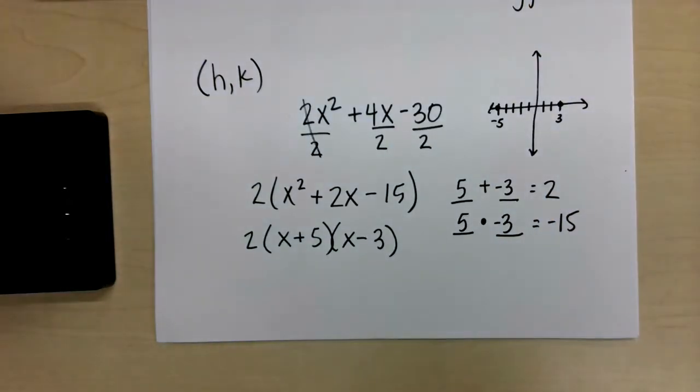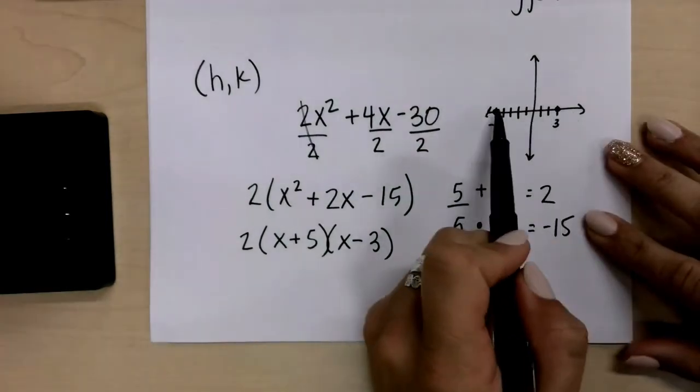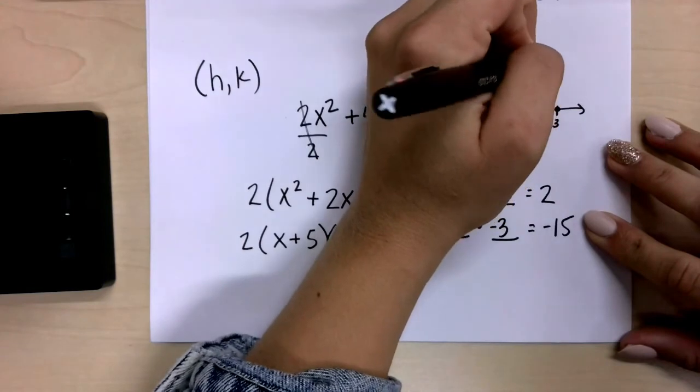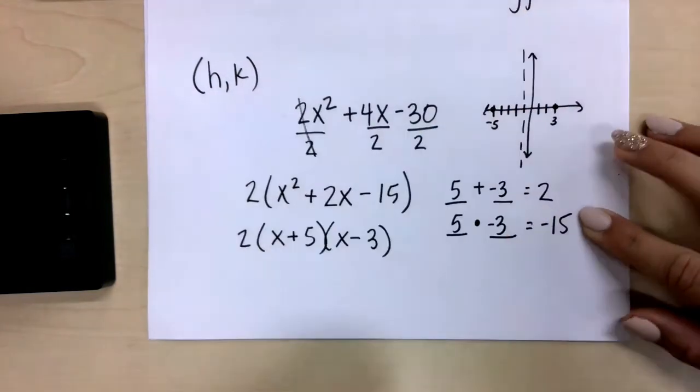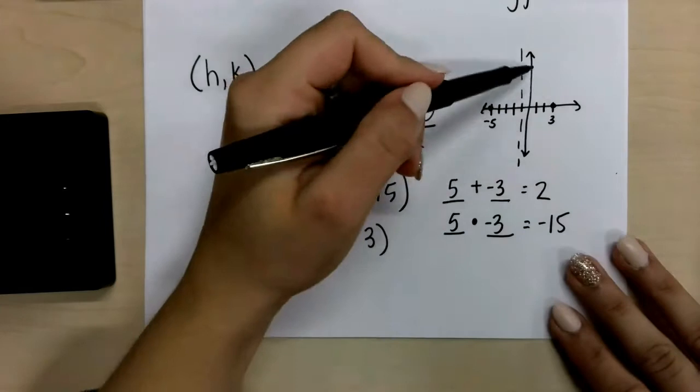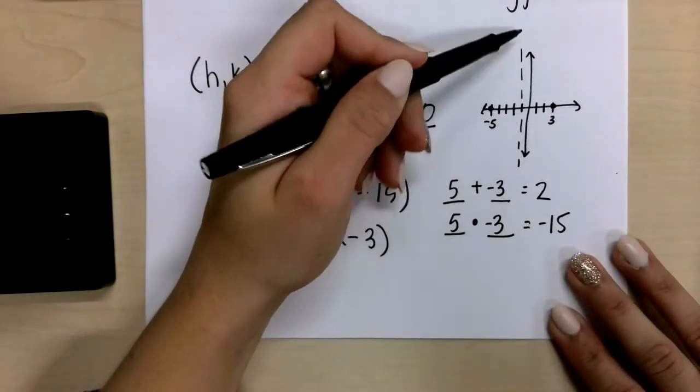Okay. Now this doesn't necessarily help me find the vertex yet. But if I draw in my axis of symmetry, so it would split this parabola in half. So I've got 8 here, so that's going to be right in the middle here. This is my axis of symmetry. I know my vertex has to lie somewhere on this line.